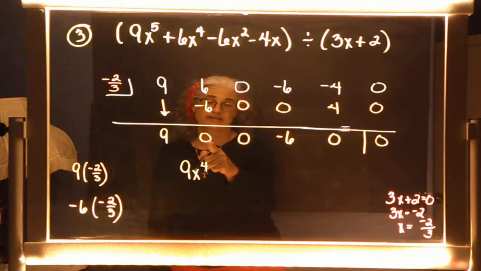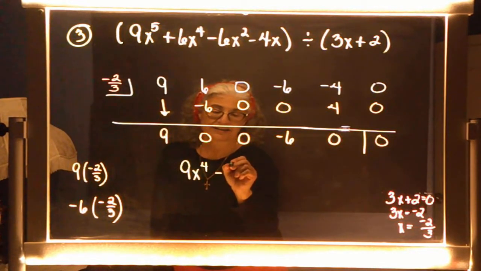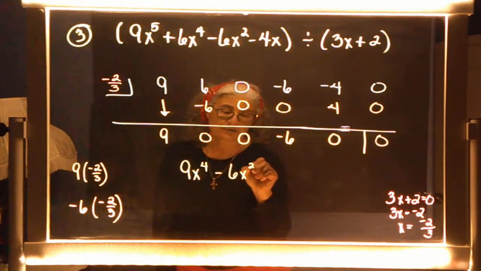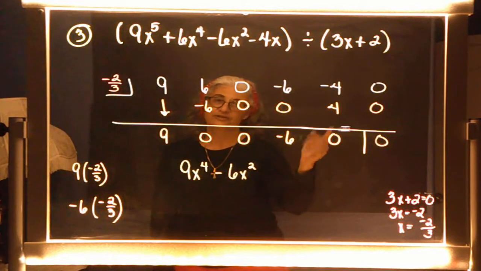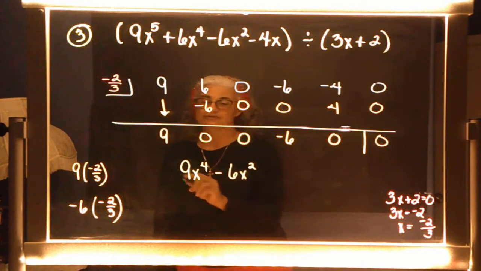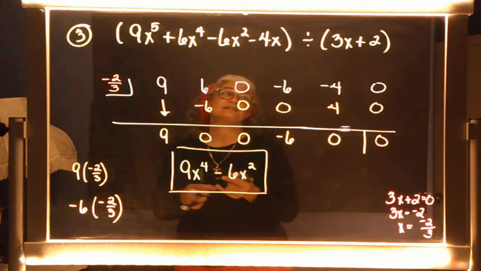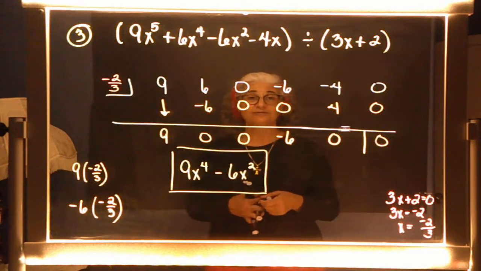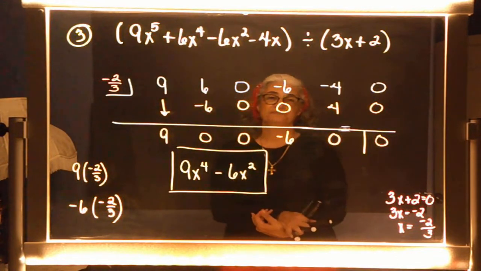I don't have any. What's that one? X squared. I don't have any. What's that one? Yeah, that's a negative 6x squared, isn't it? That one, x to the 1st. Don't have any. And no remainders. Here is your answer to this long division problem. Cool? Awesome. Actually, this synthetic division problem.